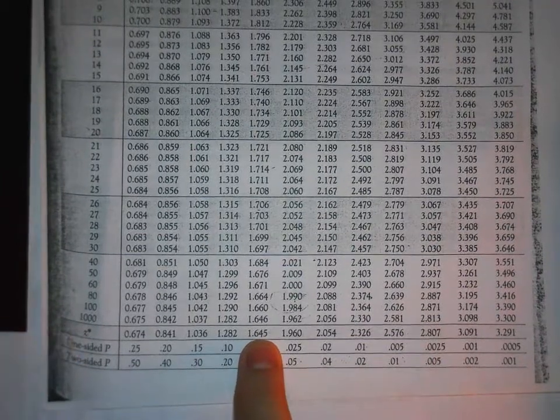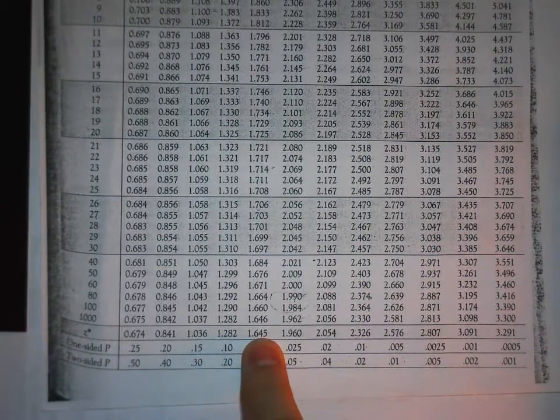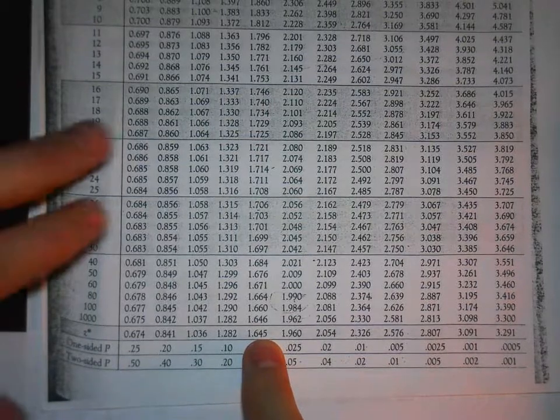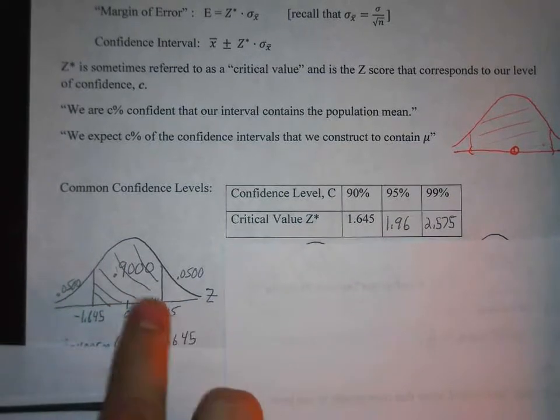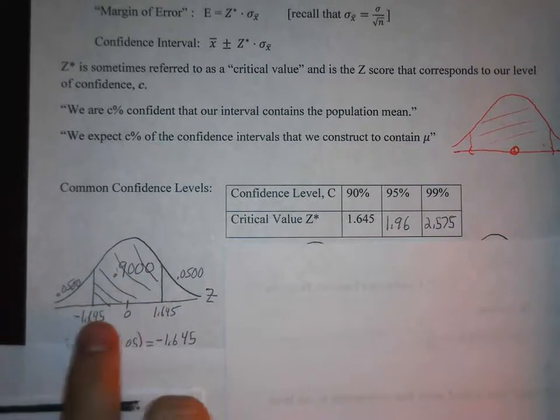And that gives you 1.645 as your Z star value. Now this will probably be the easiest way for you to find those values, to use this table. But remember essentially what it is: what Z-scores have the middle 90% between them.